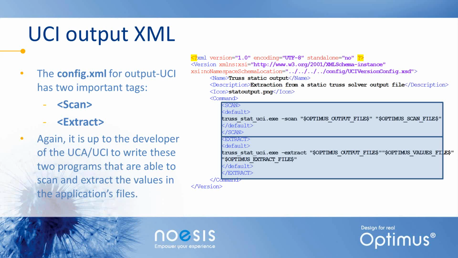The extract command is called during runtime. Anytime an output file is available, Optimus, by means of this command, will extract the values from that file and proceed with the next step.